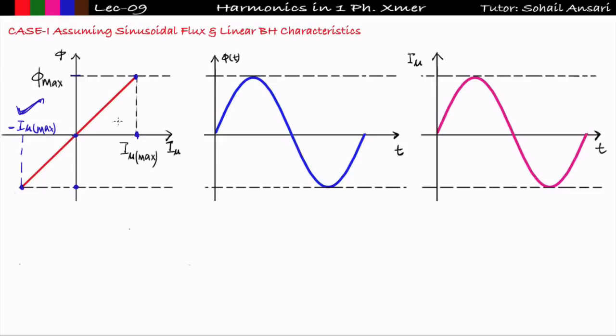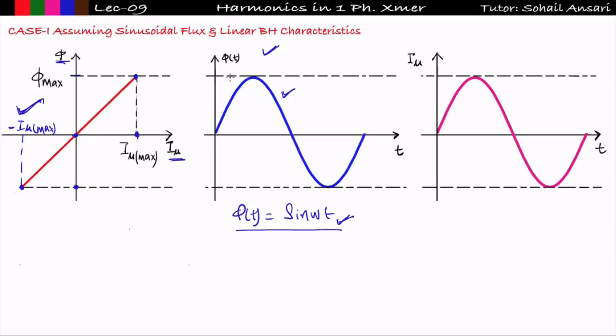Got it? So if I have to draw the flux waveform, which I am assuming is sinusoidal, phi t is sinusoidal in nature. So the waveform of flux with respect to time will be something like a sinusoid. Okay, see here, this is the graph between phi and magnetizing current. This is not the graph between phi and t.